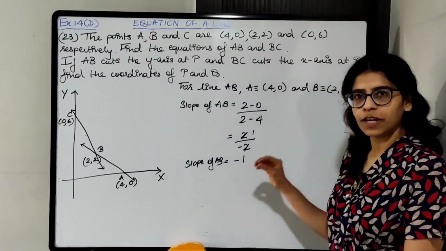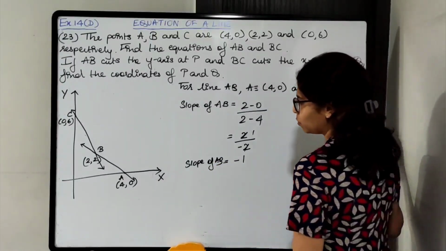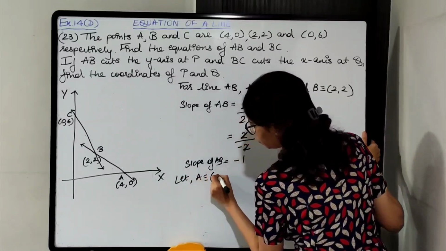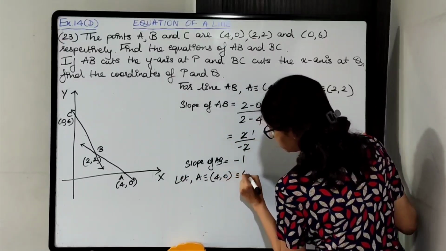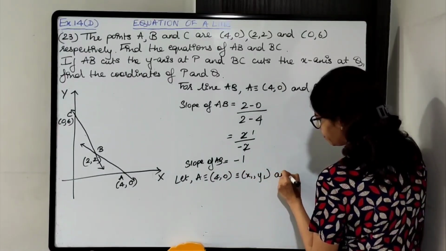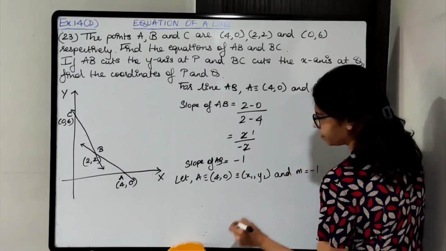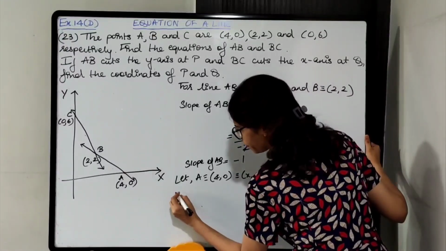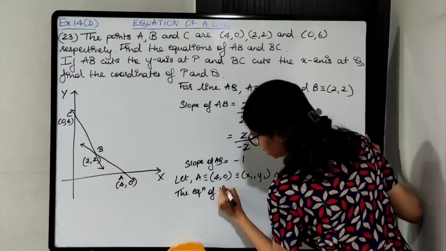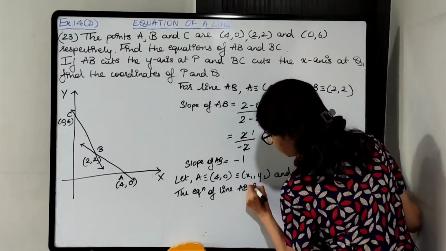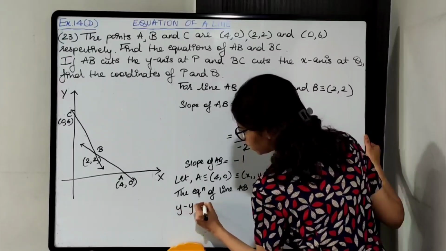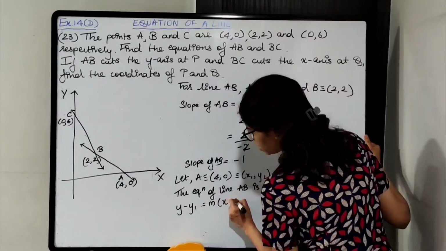Now we'll find the equation of the line. So let A (4, 0) be x1, y1. And the slope we know. So the equation of line AB is y minus y1 equals m into x minus x1.